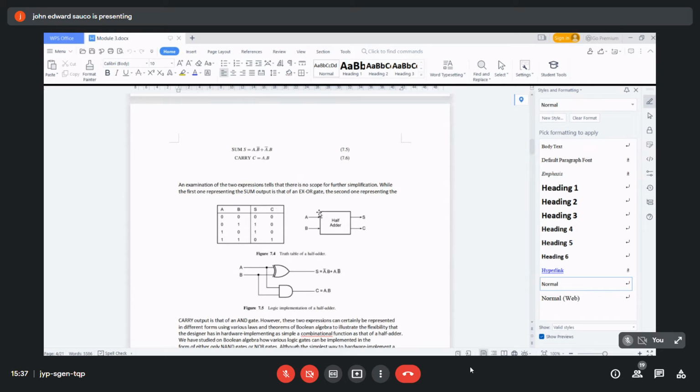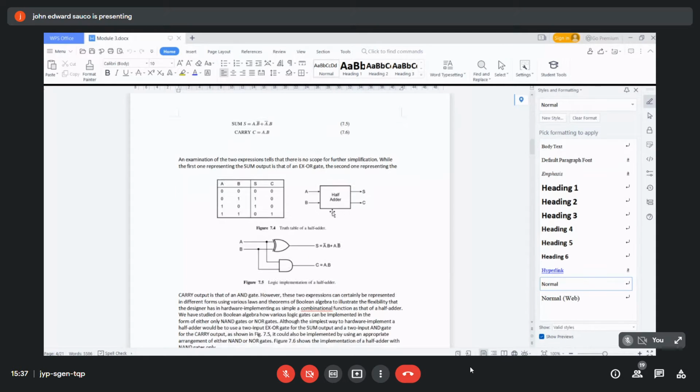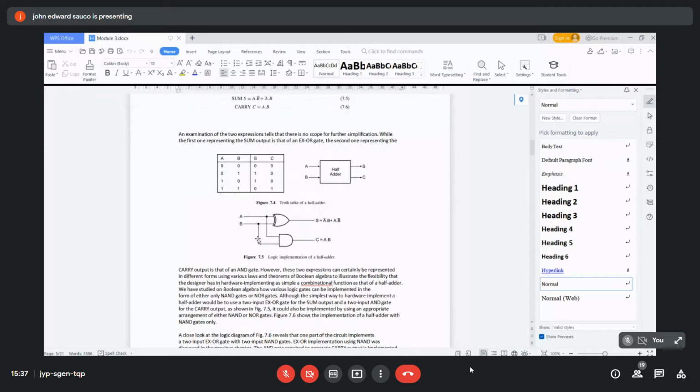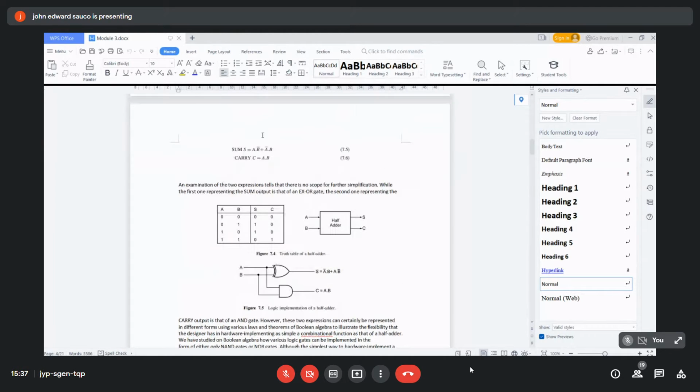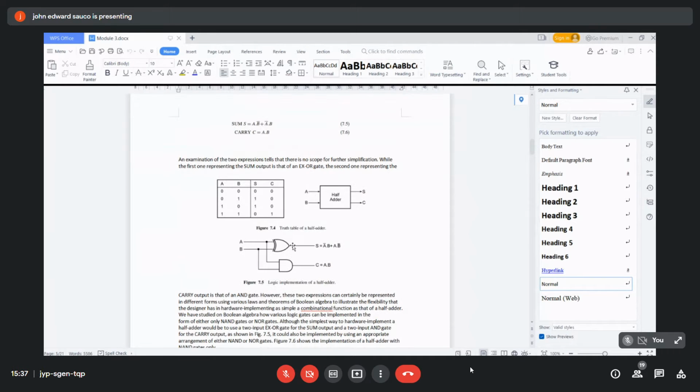Okay, so verify ng table, figure, and then ito yung logic implementation niya. XOR, kasi itong expression na yan is XOR. XOR talaga. So, naka-AND siya.